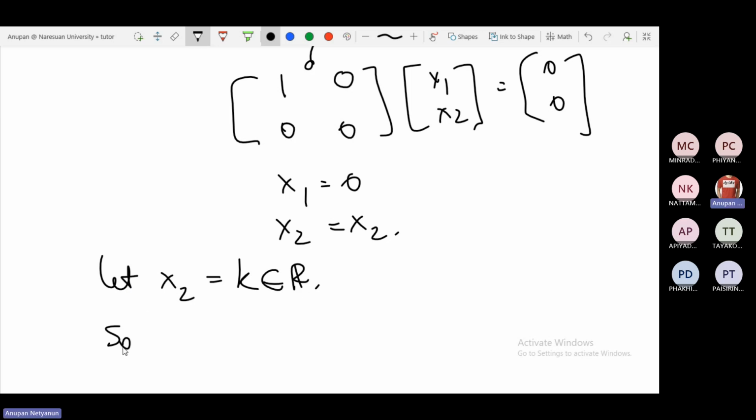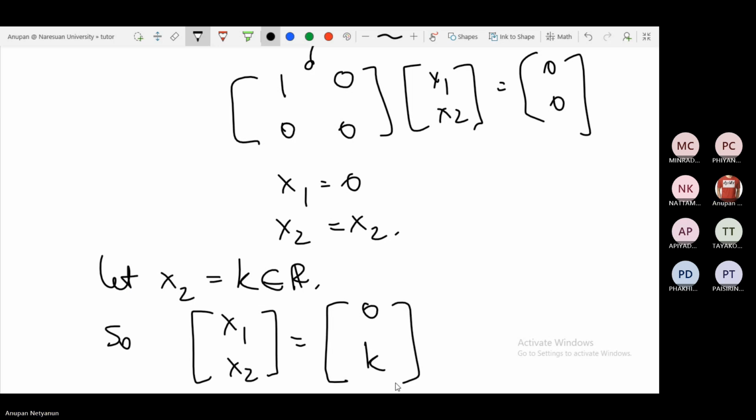So the solution x1, x2 is x1 is 0, and x2 is k. k is a common factor, so pull k out. You have 0, 1 as the answer.